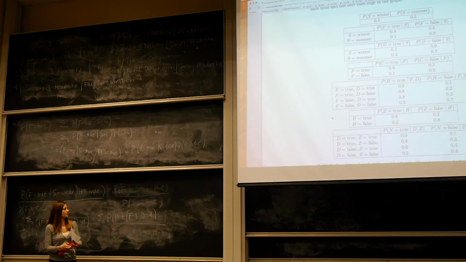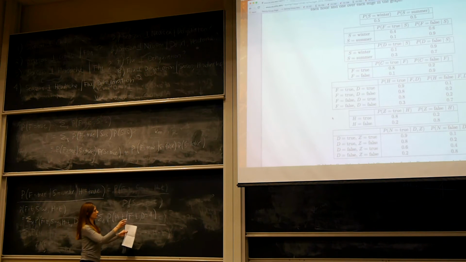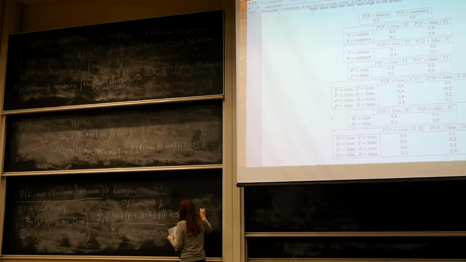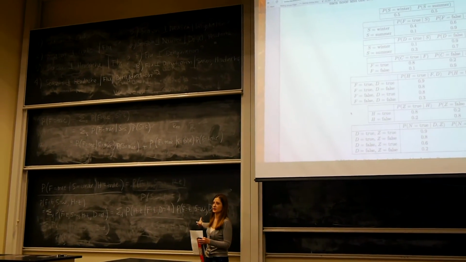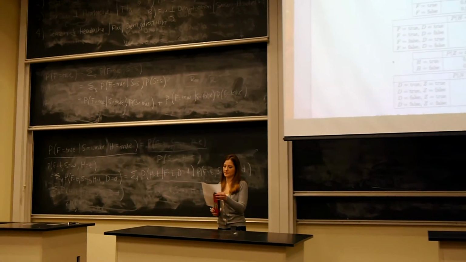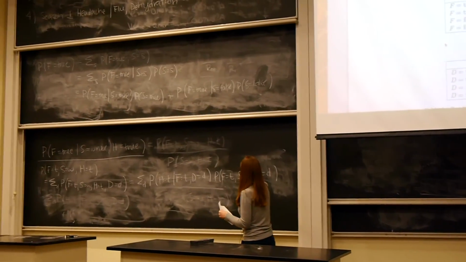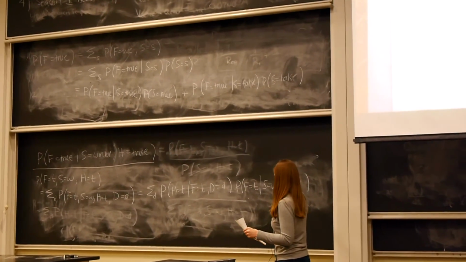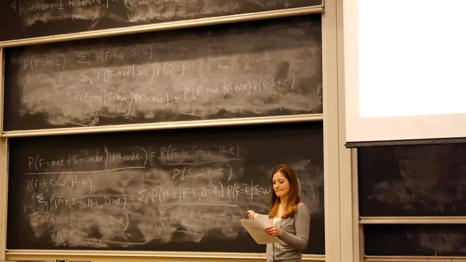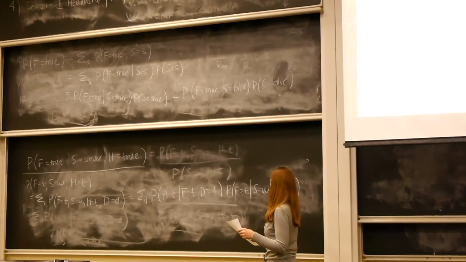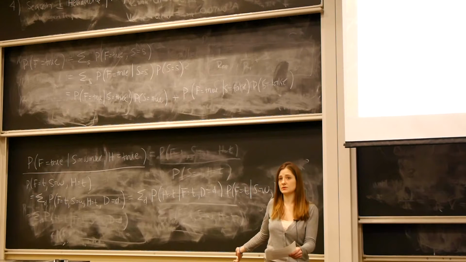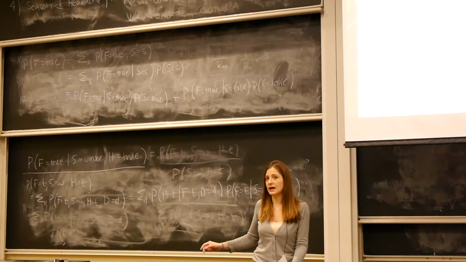So let's say next we want to pull out flu, and we want to apply the chain rule again here. So we're going to rewrite this as flu given S and D, times the probability of S and D. But we again have this same problem, right? We just want flu given season. So can we do the same thing and drop D? Yes.